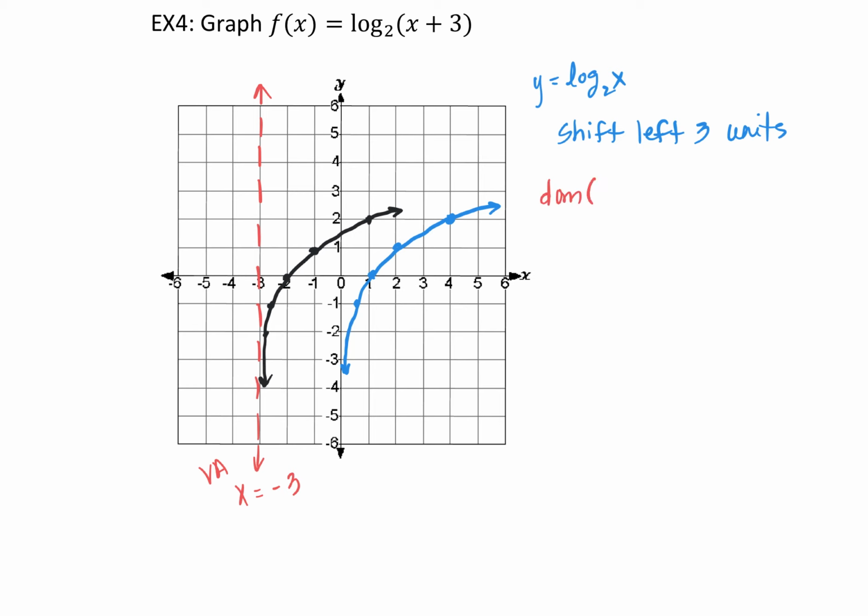The domain now for my function is going to be -3 to positive infinity. Let me label this as my function f. So I think that's it for this section. Really short section. We're just looking at properties of functions with log. So that's it.